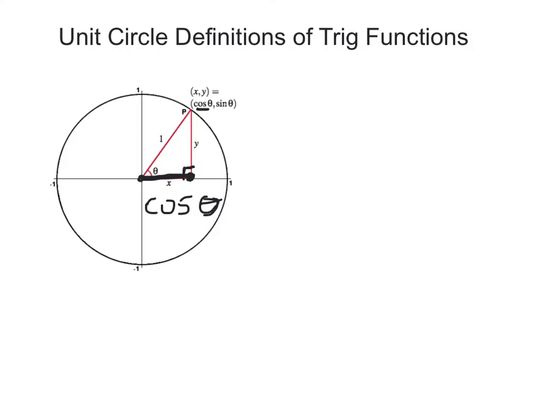And then the y, the vertical part of that triangle, is the sine of theta. Now, that's fairly common in trig class. When we start defining trig functions, sines and cosines are very commonly defined in a unit circle. But what does a tangent represent? What do the secant, cosecant, cotangent represent?